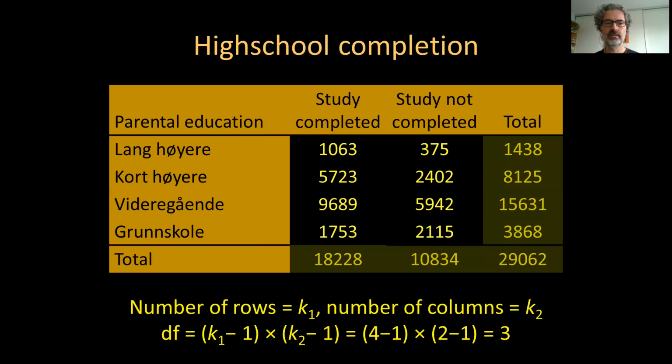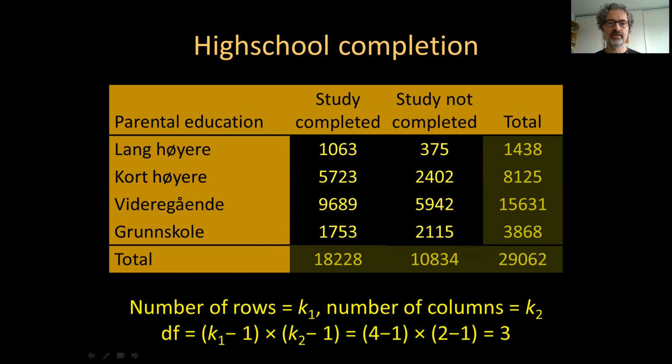And going right on a row, we see that over the 2 columns, we have 1 degree of freedom. So 3 times 1, number of rows minus 1, times number of columns minus 1. The product of the row degrees of freedom and column degrees of freedom is 3.